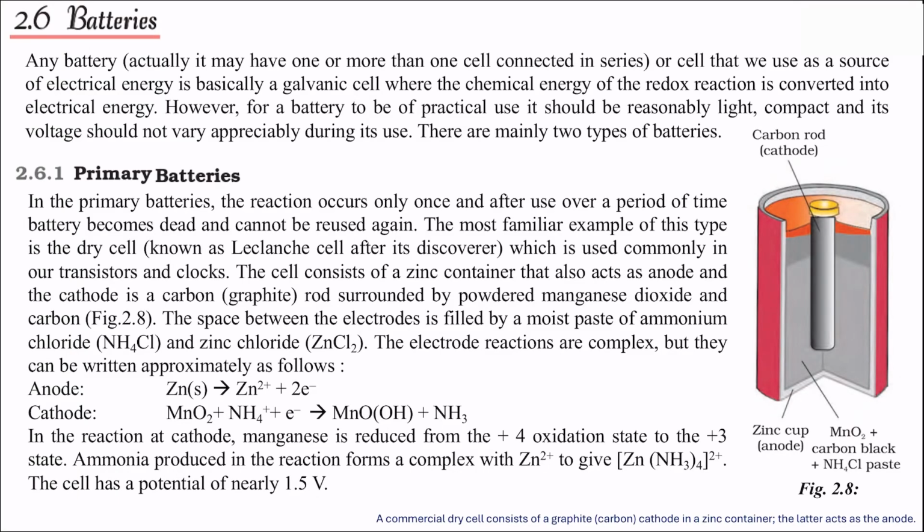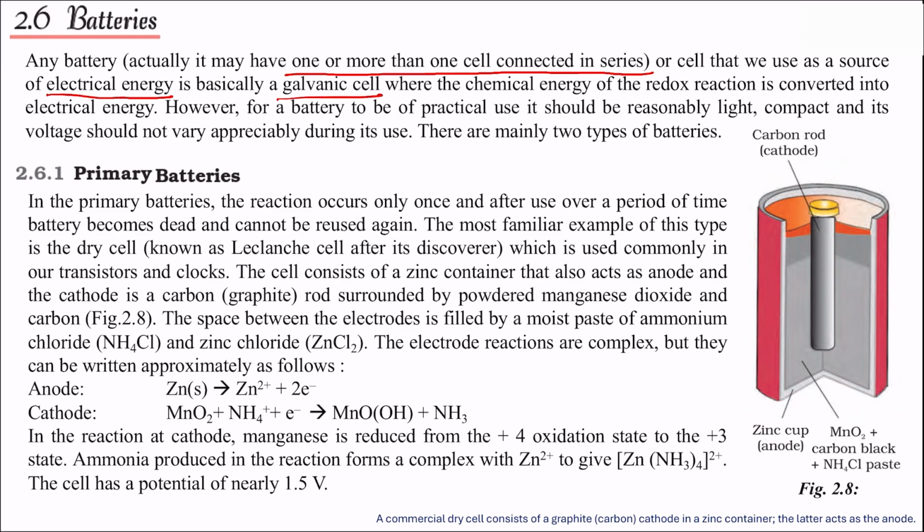Batteries. Any battery may have one or more than one cell connected in series. So any battery or cell is a source of electrical energy, and this electrical energy is generated from the chemical energy of the redox reaction, which takes place inside a galvanic cell.